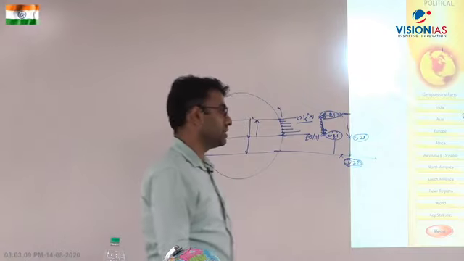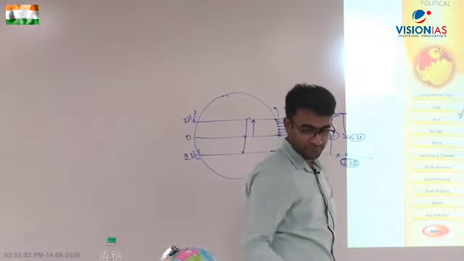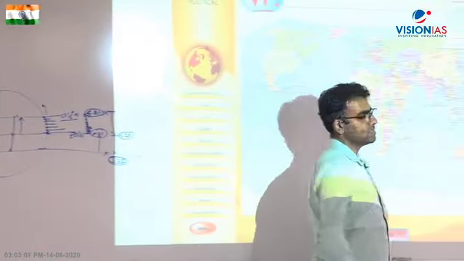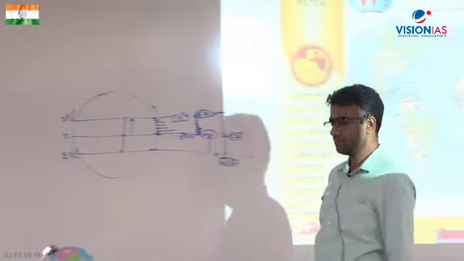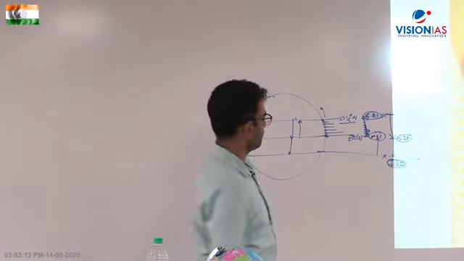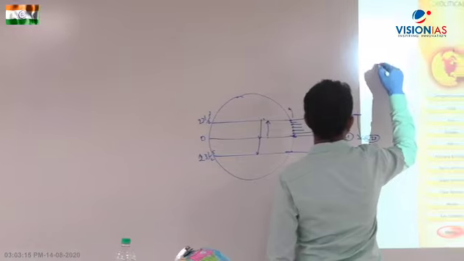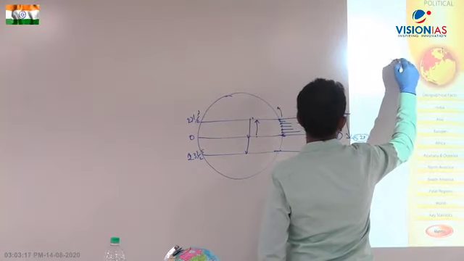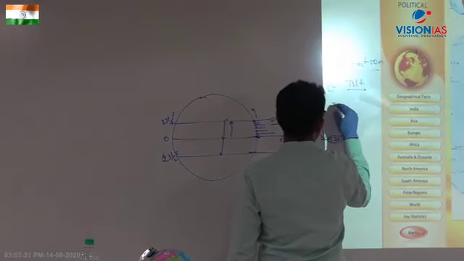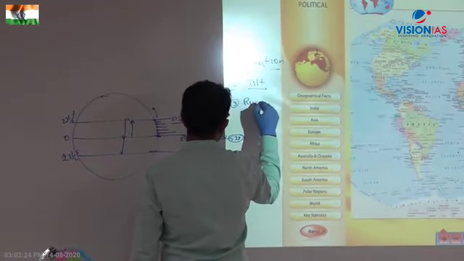So now I have a question. Let's see how many of you will answer this. I told you three factors are important for the formation of seasons. One is rotation. Second one is tilt in the axis of rotation, and the third one is revolution.